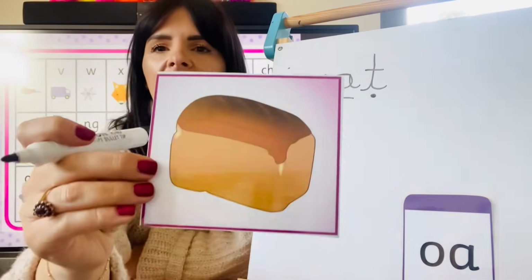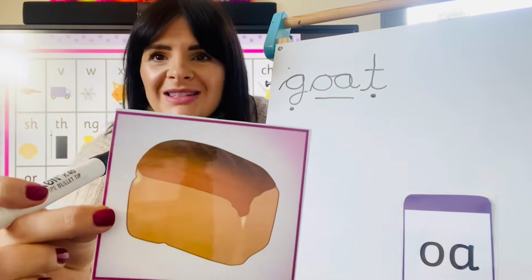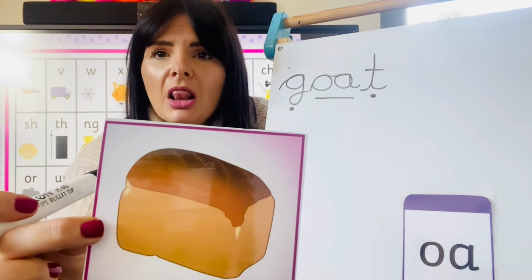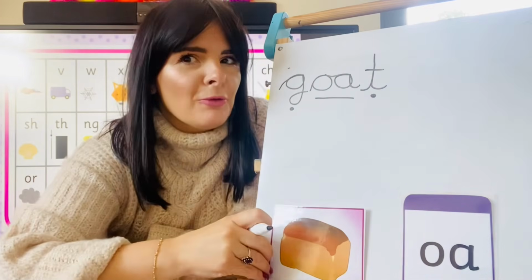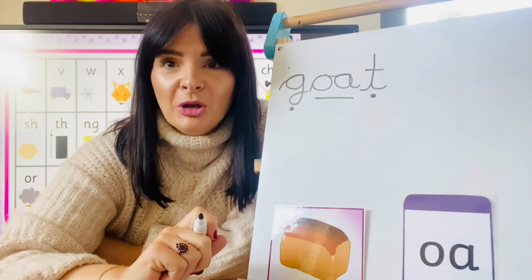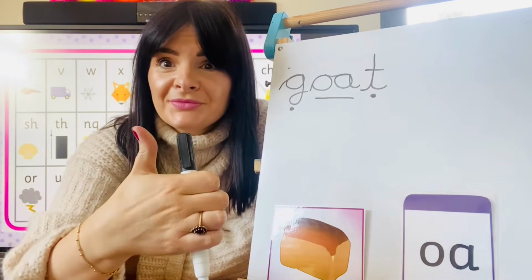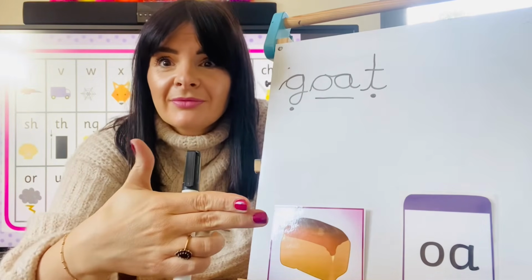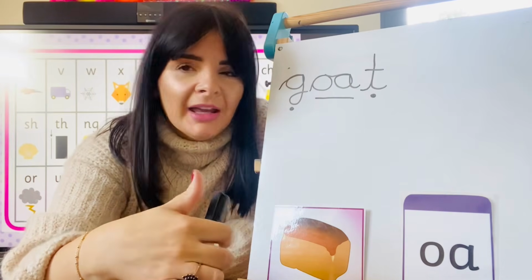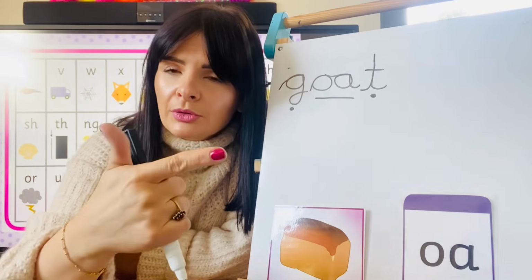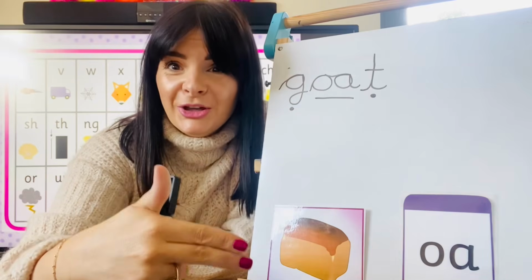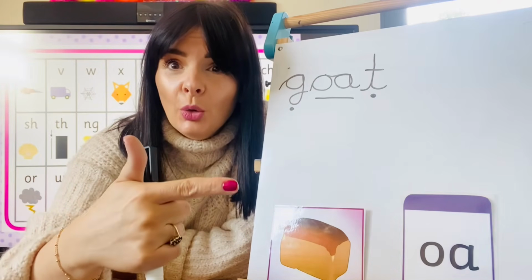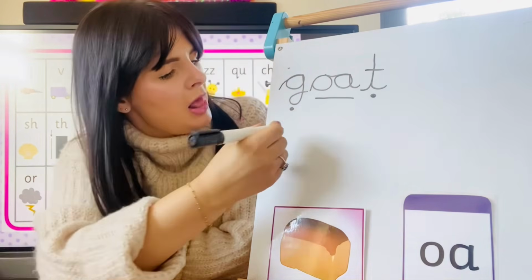Here I have some bread and we call it a loaf. Loaf. Off you go. Sound it out for me on your phoneme fingers. Can't hear you. Do it again. Thank you. L-O-F. Loaf.